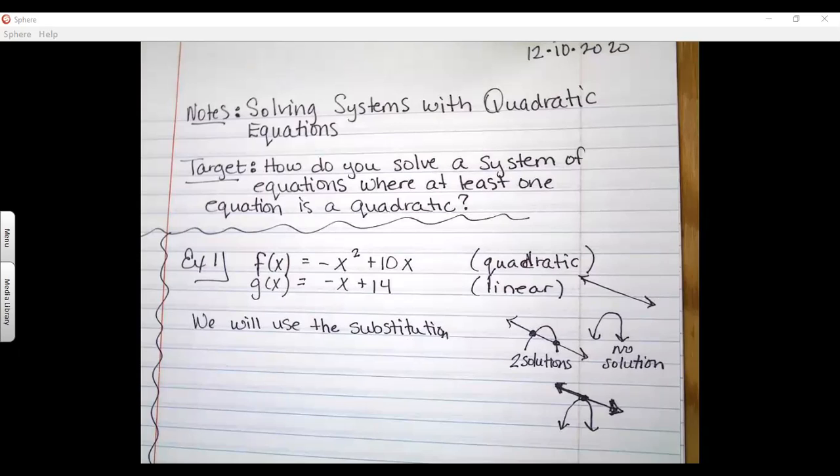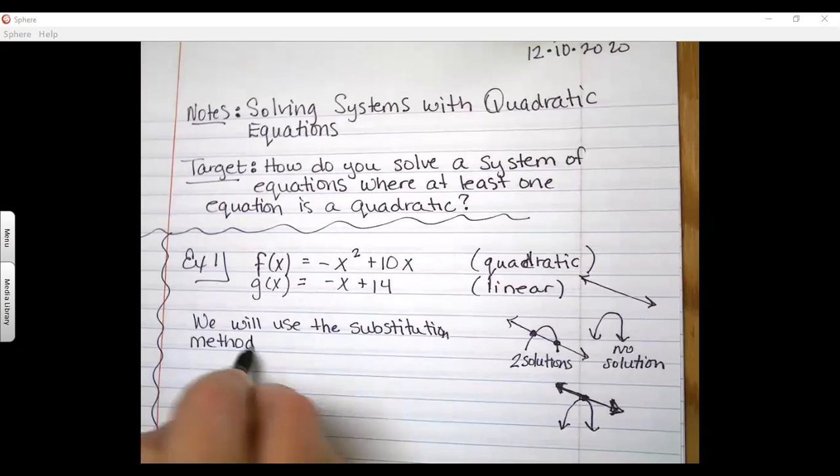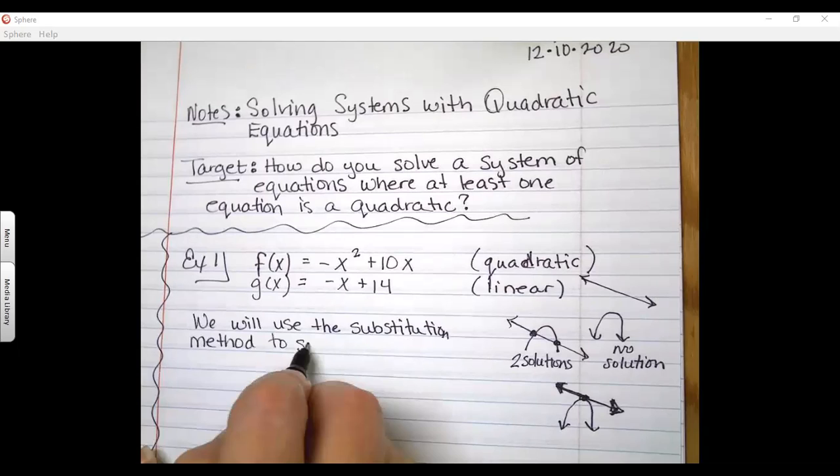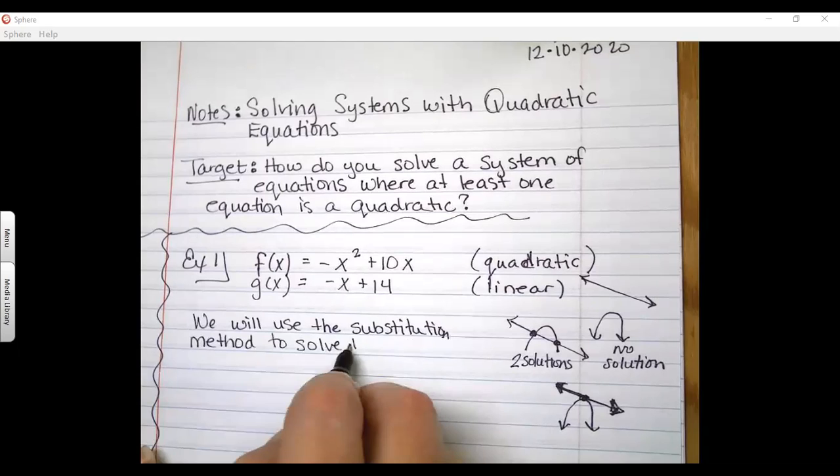All right, we will use the substitution method to solve this system of equations.